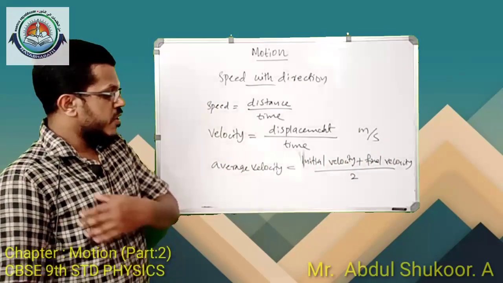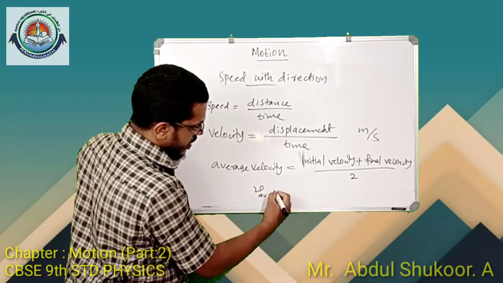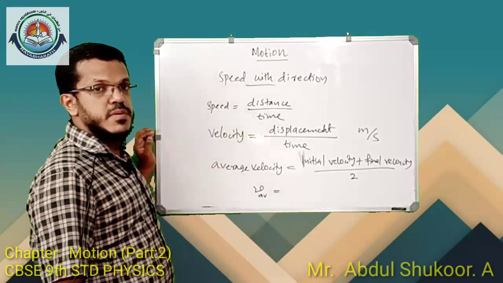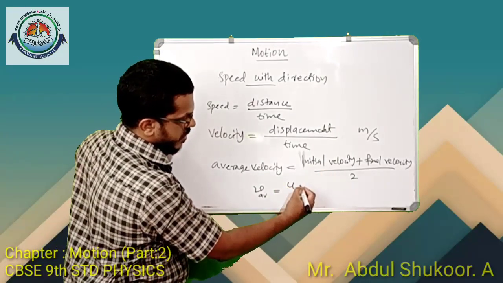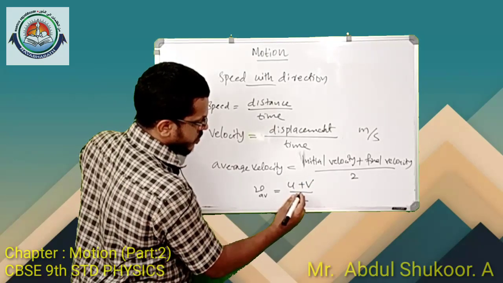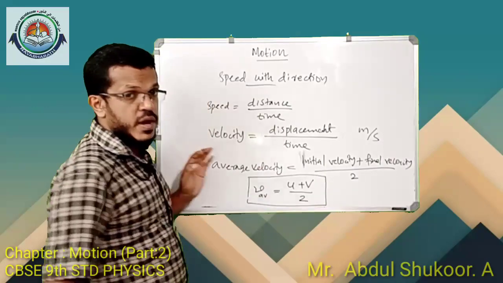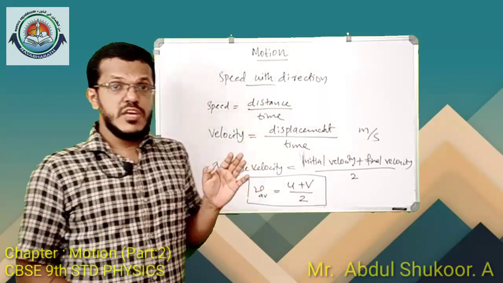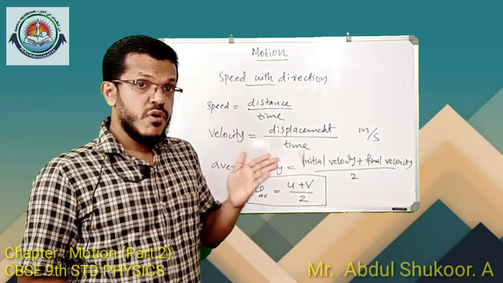If we denote velocity using the letter V, V average, V_av, is equal to initial velocity, represented by the letter U, and final velocity, represented by the letter V. Then (U plus V) divided by 2 is the equation to find the average velocity when an object moves with a velocity that changes at a uniform rate.